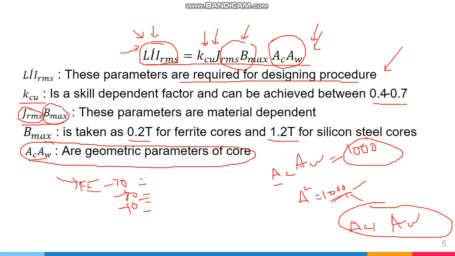If the product of ACAW that I've determined from this data sheet is less than this area product, then I will obviously move on towards the next one and check whether it satisfies the minimum requirement of this area product. If it is equal to or greater than the area product that I have calculated over here, I will select that core and I will get AC and AW independently.